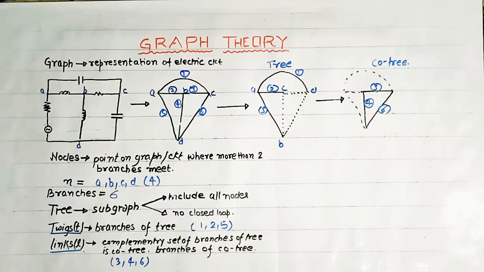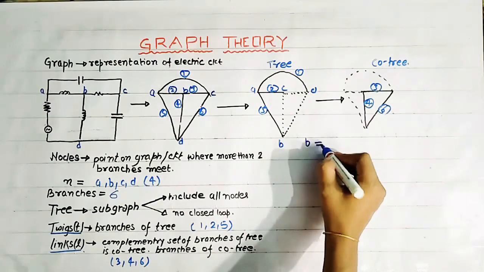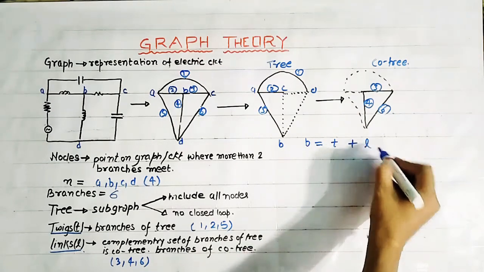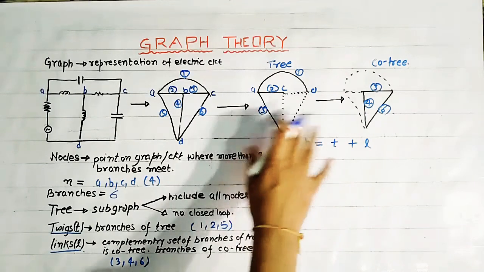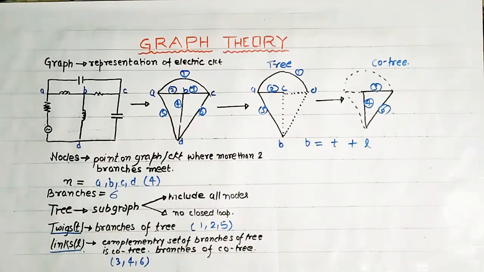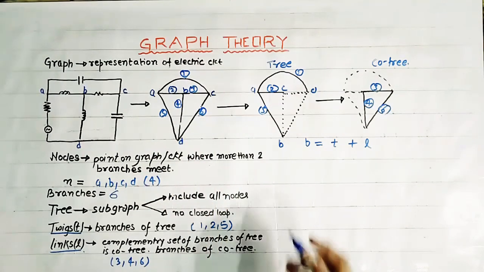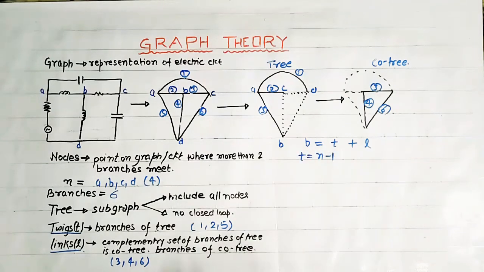Now we will derive some important relations for these graphs. First is that the total number of branches B is equal to twigs plus links. This is very simple, because if we combine twigs and links, then we get this graph. Now what are twigs? Twigs is equal to n minus 1, it means number of nodes minus 1.